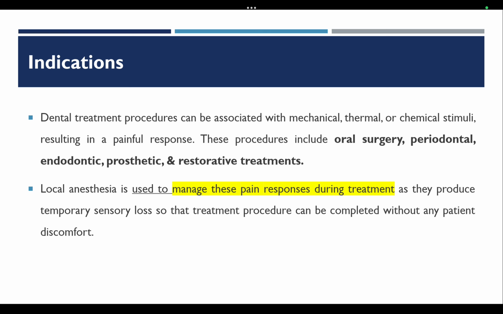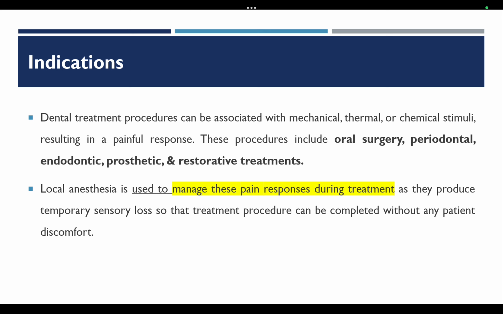Dental treatment procedures are associated with mechanical, thermal, and chemical stimuli resulting in a pain response. These procedures include oral surgery, periodontal, endodontic, prosthetic, and restorative treatments. So here we need local anesthesia indeed.